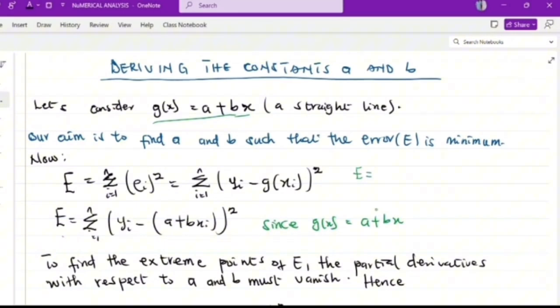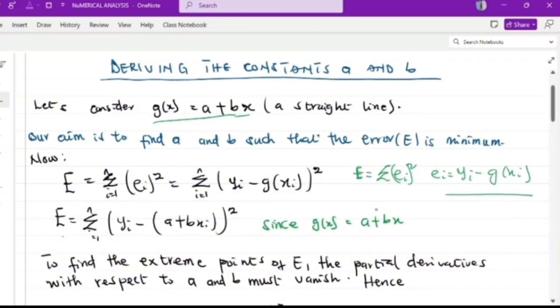e is minimal. We learned from our previous lesson that the sum of squared error e is equal to the summation of e_i squared. But we said that our e_i is equal to the actual value minus the approximate value.